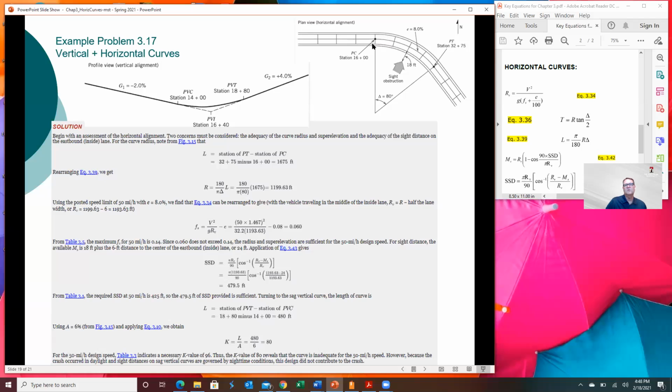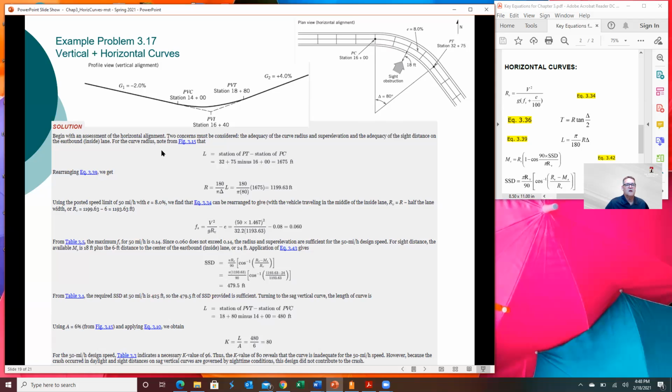So you have to check the superelevation and the radius of the curve, and you have to check the sight distance. They show you that there is a side obstruction 18 feet from the edge of the traveled lane. That's where it's measured to, not to the middle of the lane, but to the edge of the traveled lane. So you're going to have to check that.